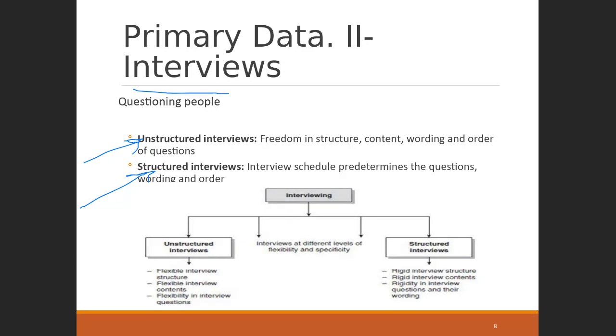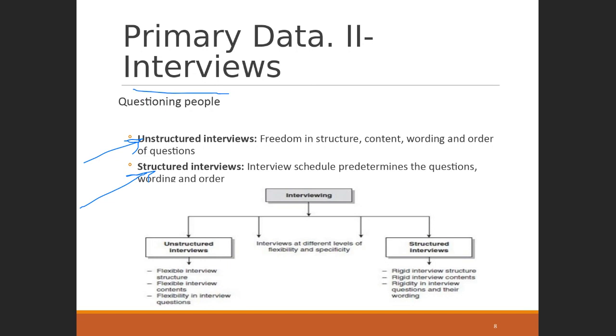When you, as a researcher or interviewer, have the freedom to think about and formulate questions as they come to your mind around the issue being investigated, it is called an unstructured interview. And in those situations where you need to keep strictly to the questions decided beforehand, including the wording, the sequence of the questions and the manner in which they are asked, that falls within the category of structured interviews.